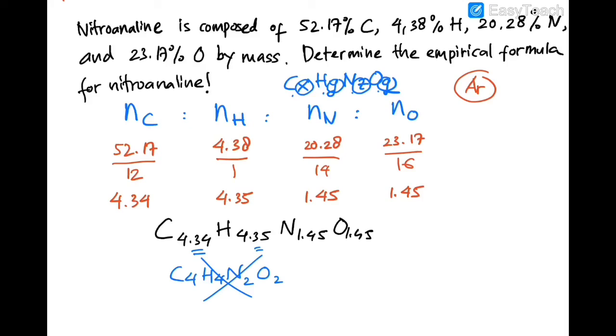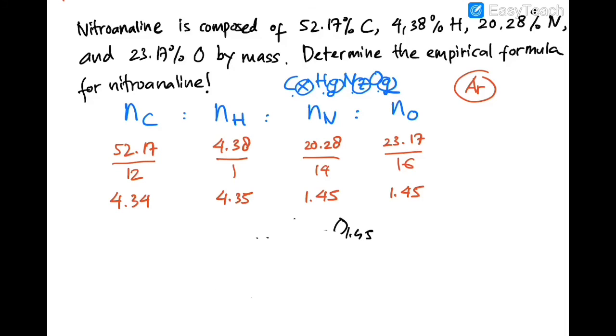So instead, what you do is you have to divide with the smallest number in the mix. So in this case, you can see we have more or less 3 different numbers: 4.34, 4.35, 1.45, and 1.45. What we do is that we divide these by the smallest number in the mix.